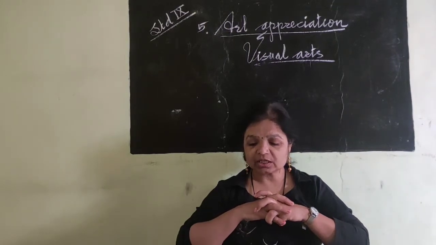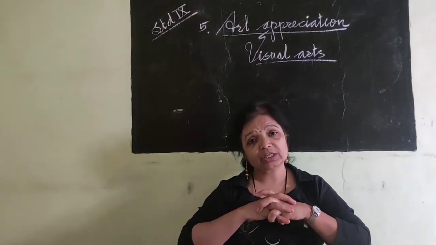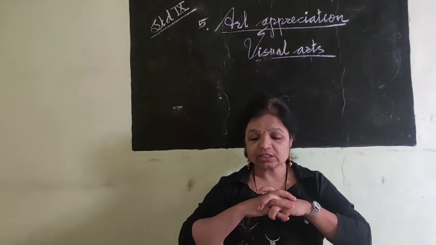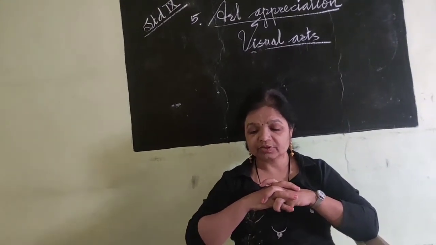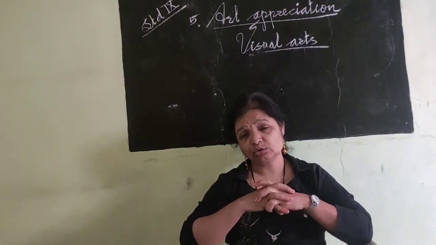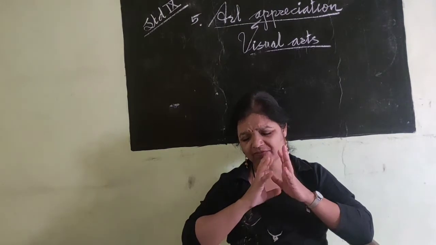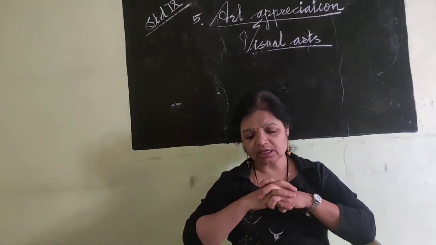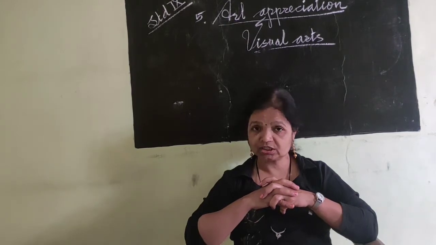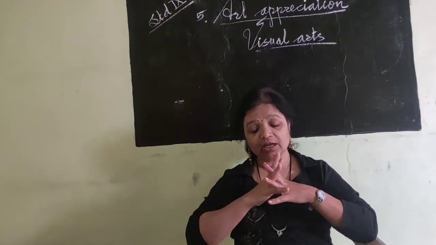And the abstract shapes we can find in icons, stylization, graphic representation, symbols. All these things show abstract paintings, abstract forms. These are used creatively to make visually pleasing and eye-catching designs.